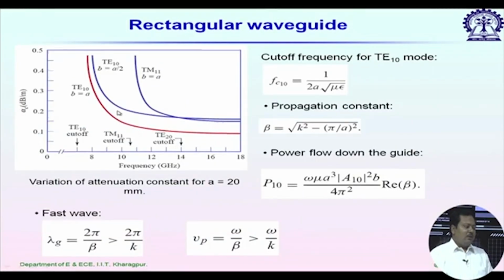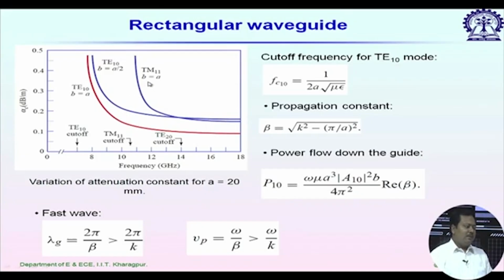As we change the thickness B, the electric field value increases with decreasing B, and not only that, the current density on the metal surface also increases with decreasing B. So, what we expect is that the attenuation constant due to this ohmic loss will be more for a reduced height, as we can see here also.